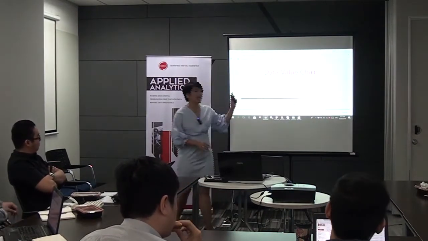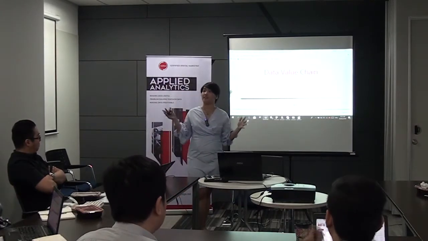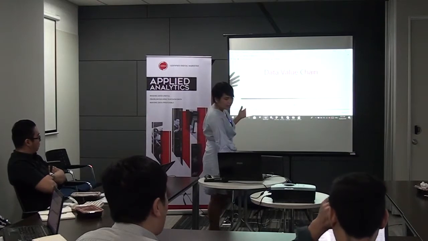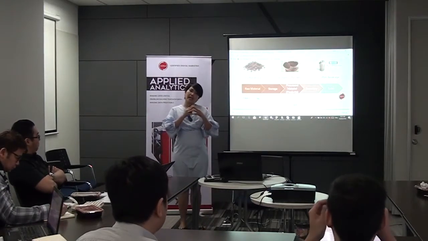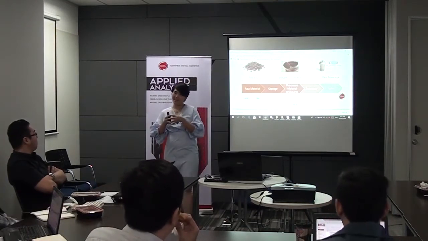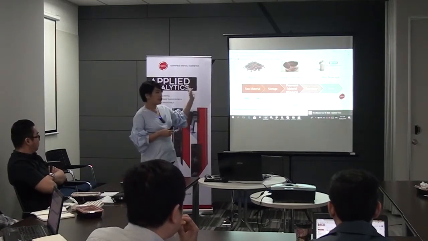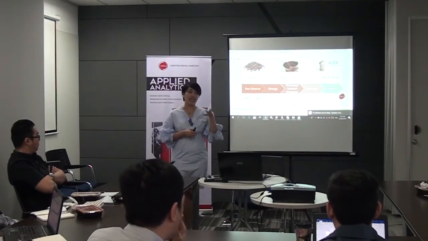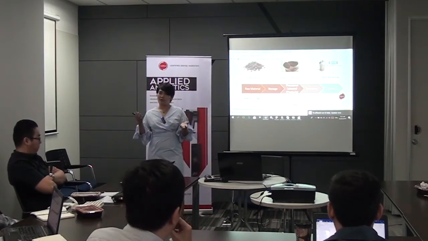So that's why it's very important for us to understand what the data value chain is. So what is a data value chain? It's like if you're a coffee lover, right, and you buy your beans. Your beans are your raw ingredients, but you can't do anything with your raw ingredients.